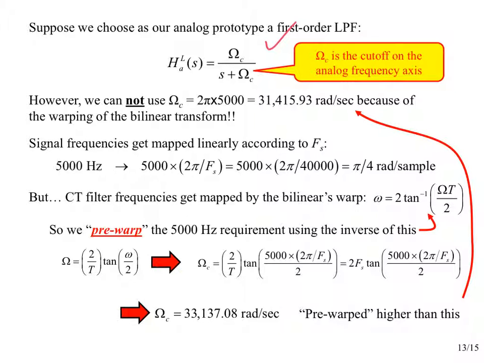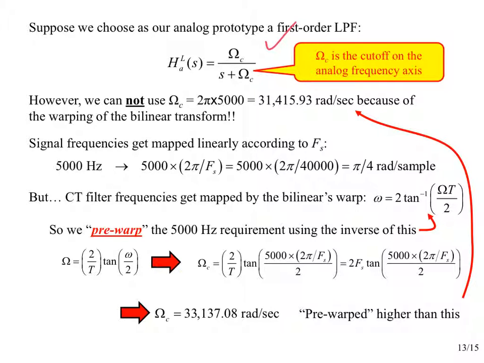But remember the warping. The bilinear transform warps everything down. So if we actually put that number in, then applied the bilinear transform, we would end up with a cutoff frequency that's lower than what we want. So we don't want that. We have to fudge for that.